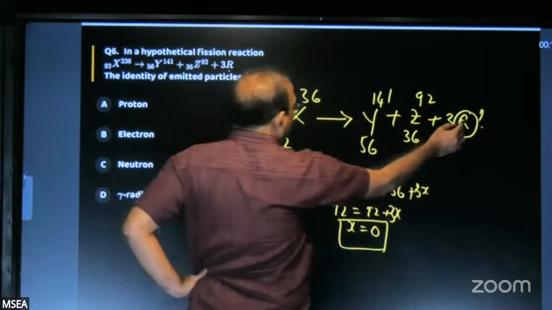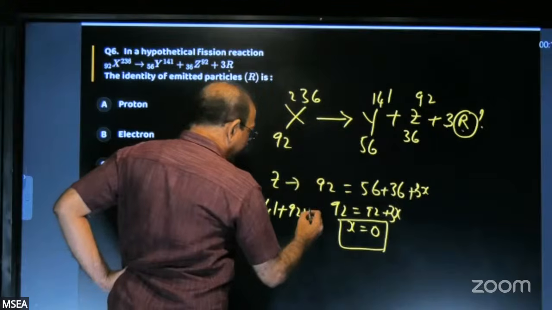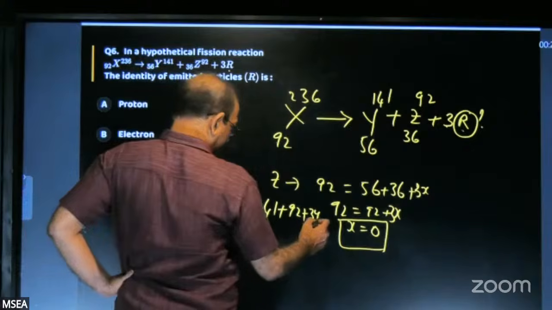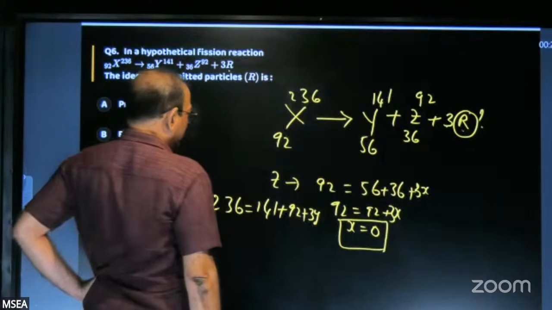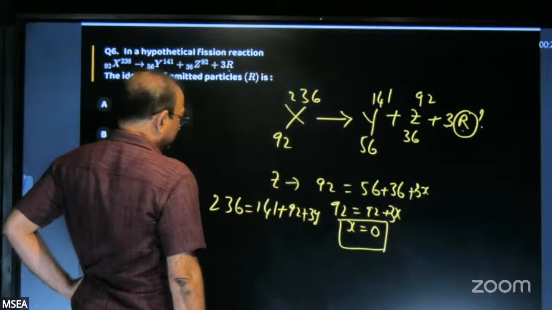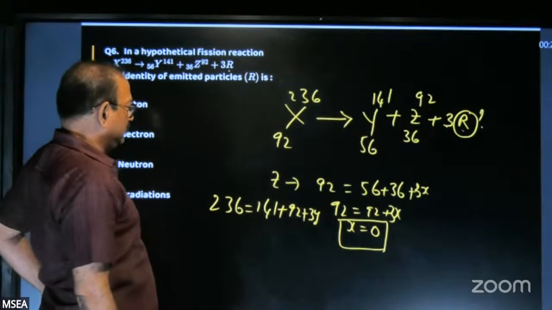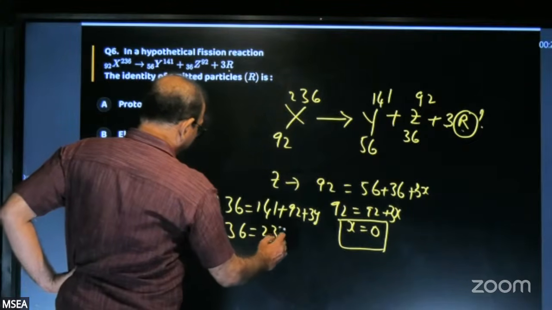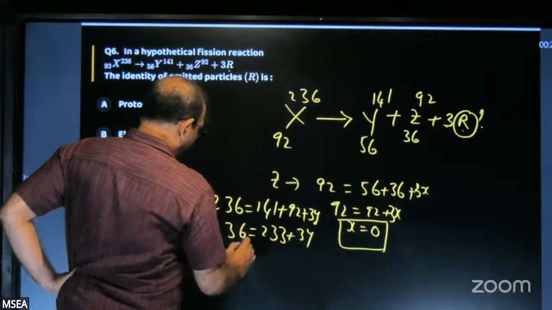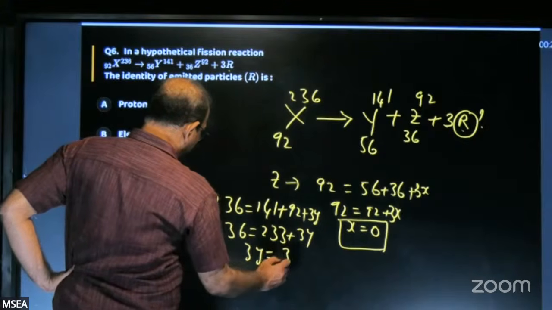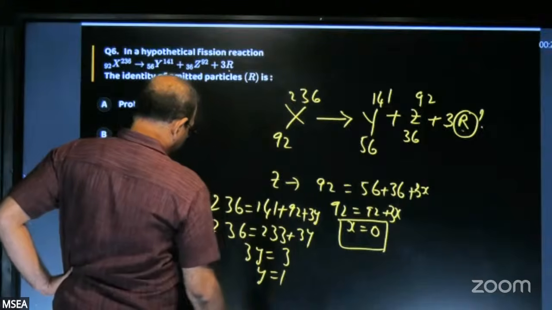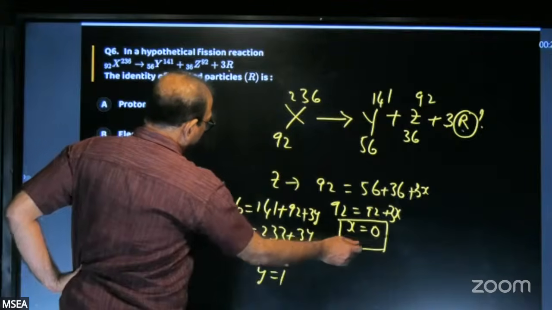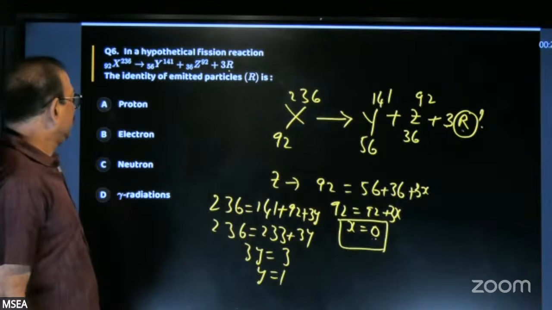If this nucleus has a mass number y, 3y I have to write here. 236 equals 233 plus 3y. 3y is 3, so y is 1 you will get. So it is a particle of mass number 1, atomic number 0. That is a neutron.